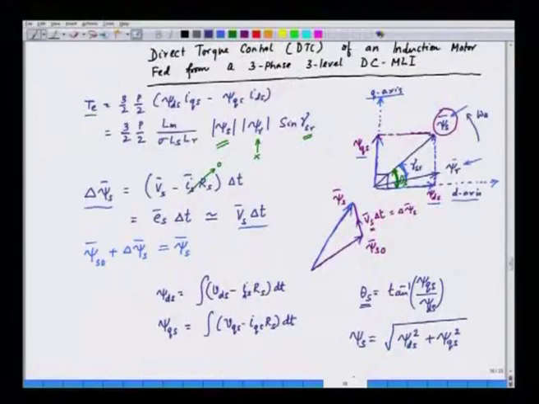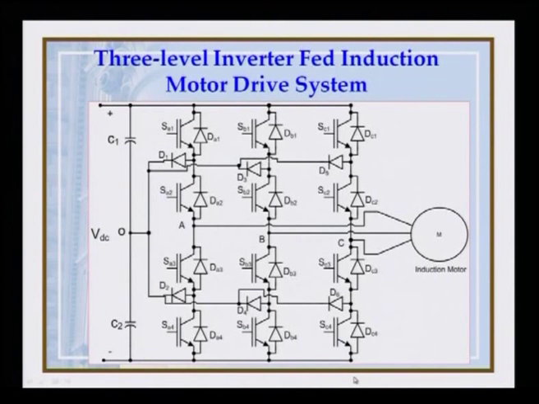So, if we see this in the form of a block diagram, this is actually our 3-level inverter. We are feeding an induction motor in this case, and we have 3 different legs here, phase A, phase B and phase C, and these are the various diodes, the feedback diodes and the clamping diodes, and these are clamped to the midpoint of the input voltage, in this case VDC/2 and VDC/2, the total being VDC.